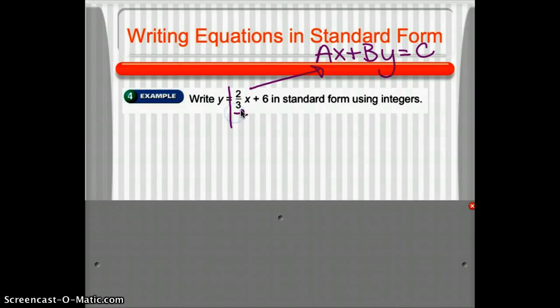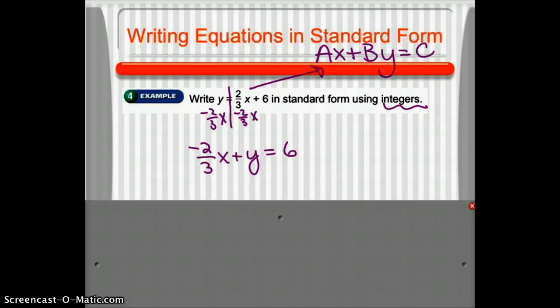I'm going to subtract 2/3 x from both sides to get my x value on the left as well. So I've got negative 2/3 x plus y on the left, because they're not like terms, equals 6, which is on the right. Okay, now it looks pretty good because it's in something times x plus something times y equals c. The only problem is it says I need to use integers, and I have one number here that's not an integer, negative 2/3.